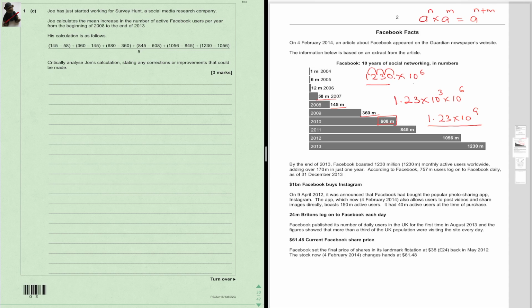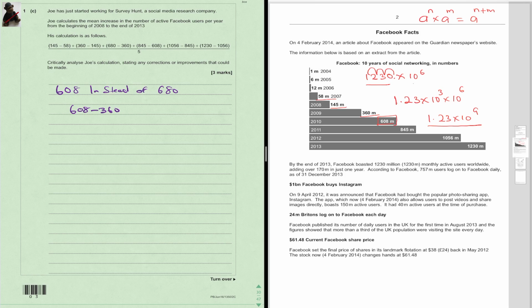So 608 instead of 680 was written. So it should have been 608 minus 360. So making reference to that one.